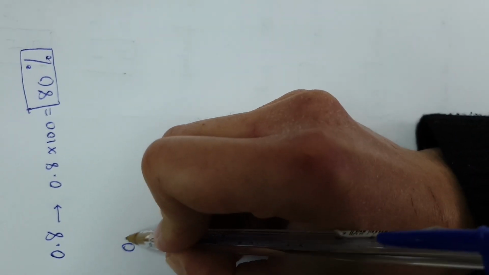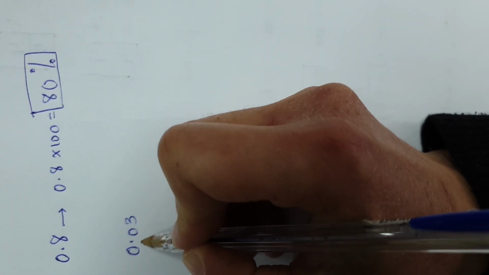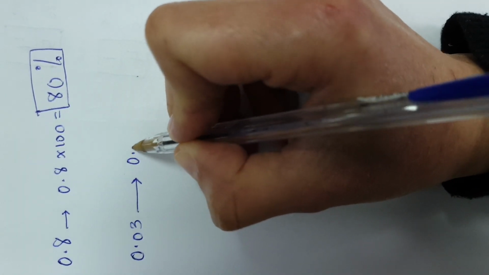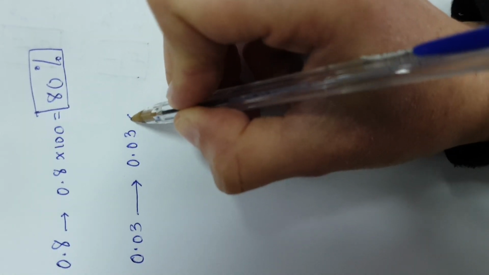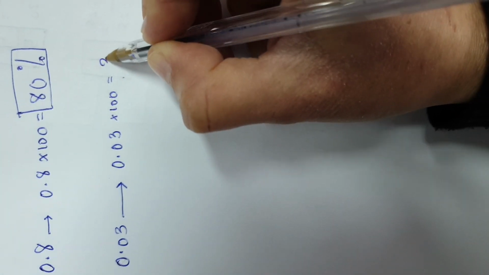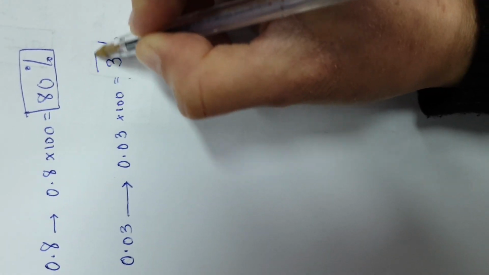If I have 0.03 decimal and I need to change this into a percent, we do the same thing. It is 0.03 multiplied by 100. So 0.03 times 100 is 3%.